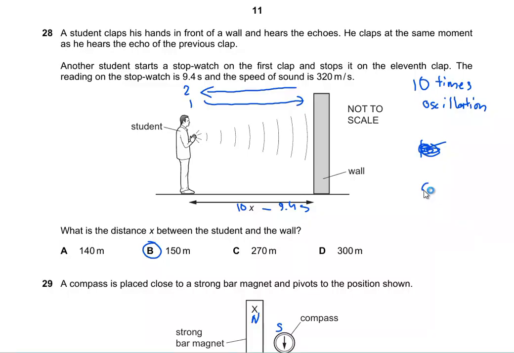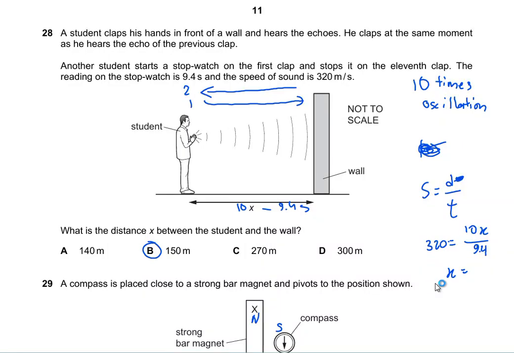So we have to use the simple formula s equals d by t. s is 320, equals d, which is 10x, divided by 9.4. Let x be the single distance. So x equals 320 times 9.4 divided by 10.